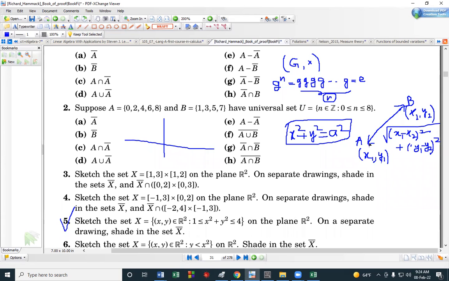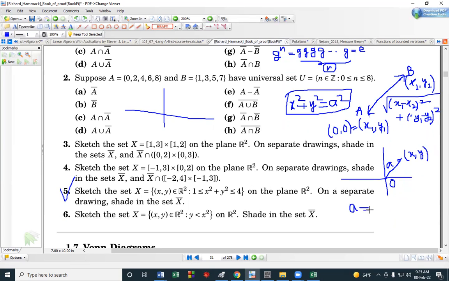Similarly, if this point is your origin and this point is xy, then the distance from the origin of the point xy, let's say A, equals the square root of x minus 0 squared, that means x squared, plus y minus the y coordinate of the origin, which is 0, so y squared.